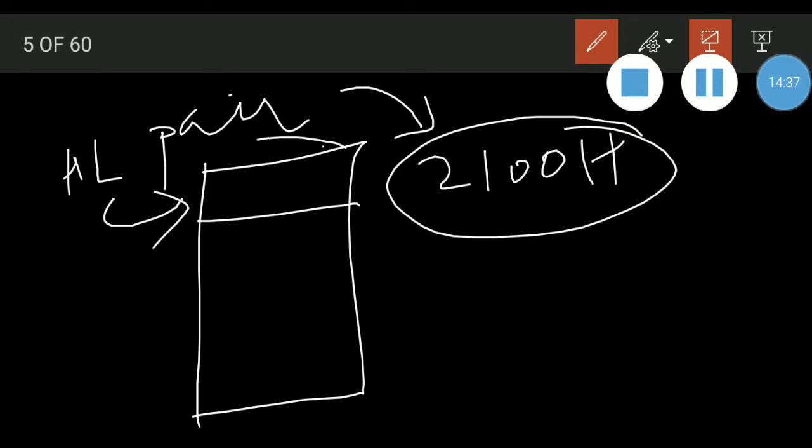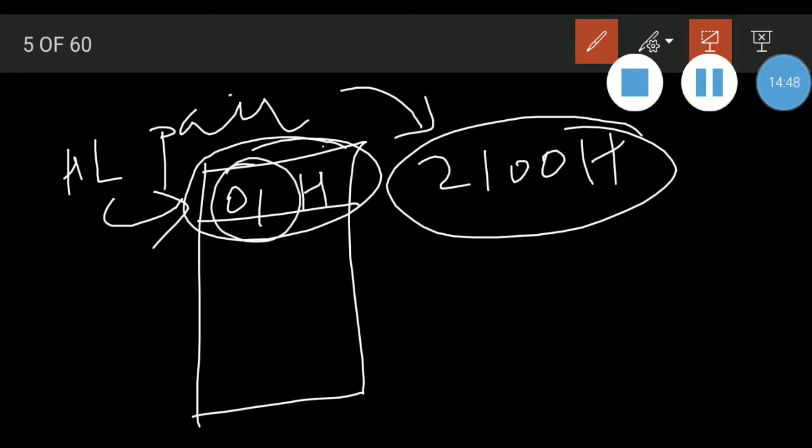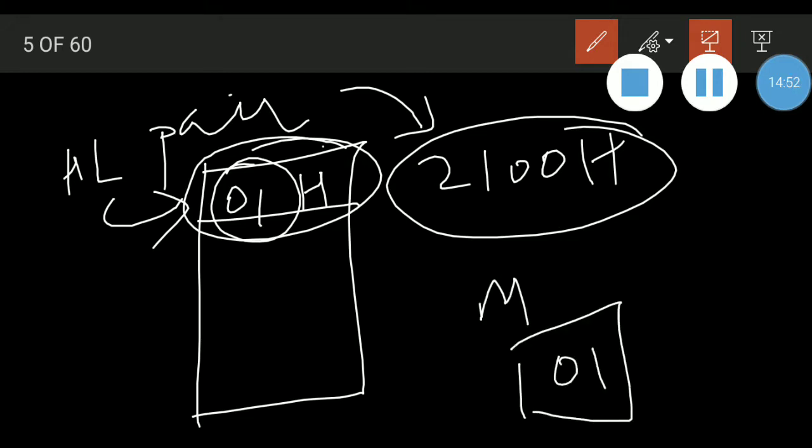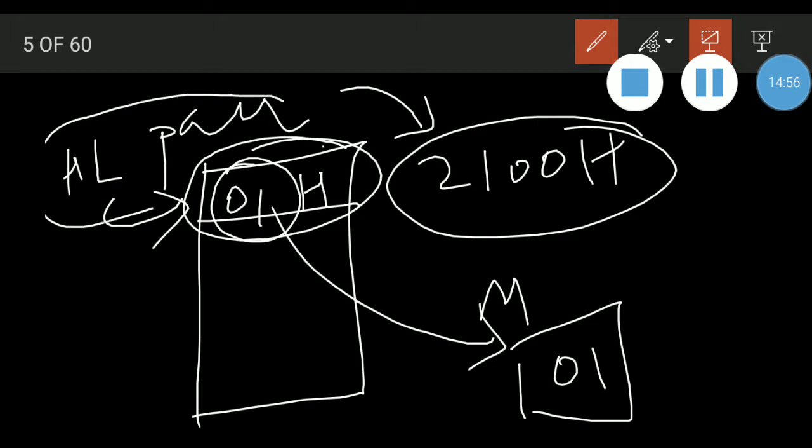Suppose I have 01 there. So this 01 will be my content in memory. Understood? It is only the content of the memory location pointed to by the HL pair. Whenever we talk about M, indirectly the HL pair also comes.